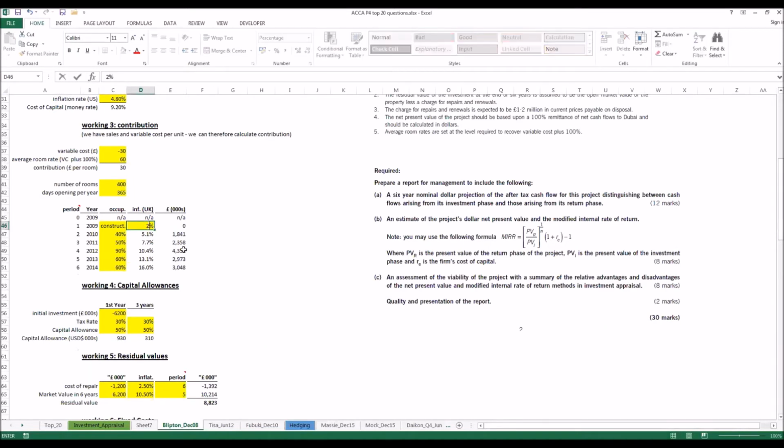So again, we start with 2.5% inflation in UK, and we compound it for year 3, for 4 periods, for 5 periods, for 6 periods. 1 plus 2.5% to the power of 2, take away 1.